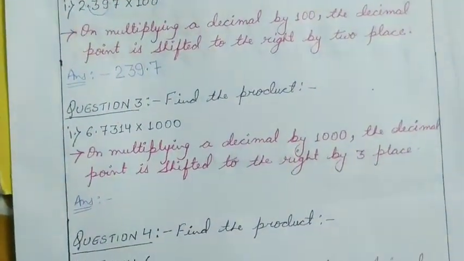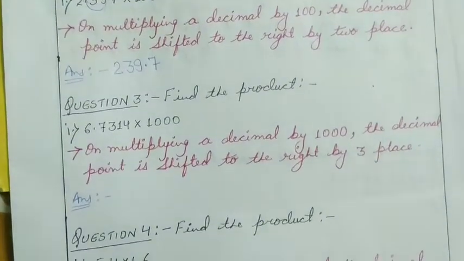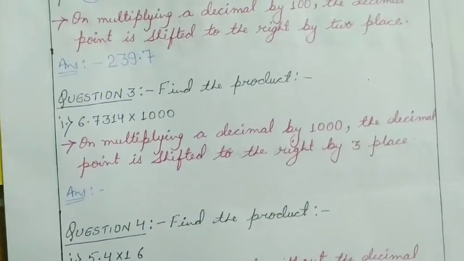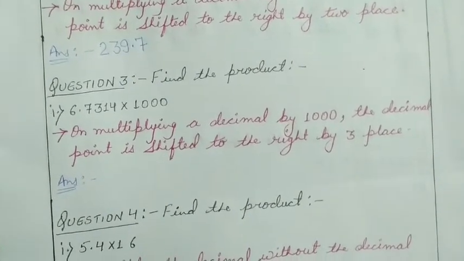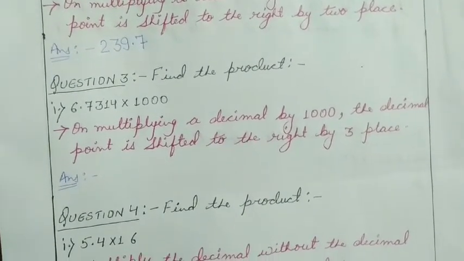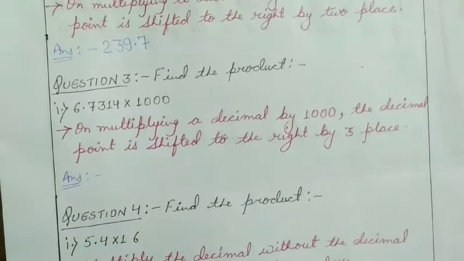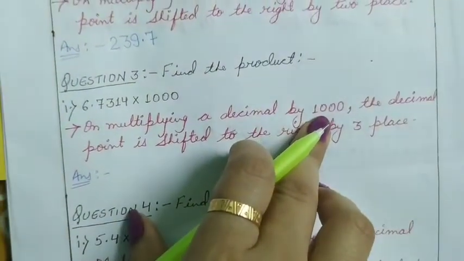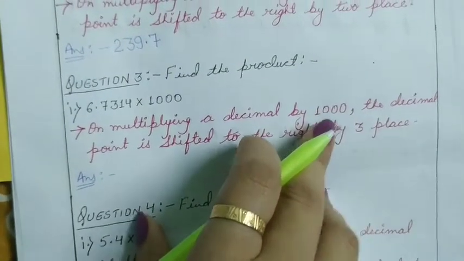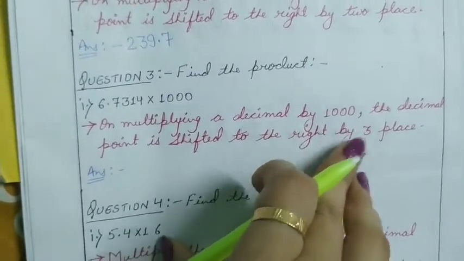Now come to the third question. Find the product 6.7314 into 1000. The rule is, on multiplying a decimal by 1000, the decimal point is shifted to the right by 3 places, because in 1000 the number of 0s is 3. So we will shift the decimal to the right by 3 places.